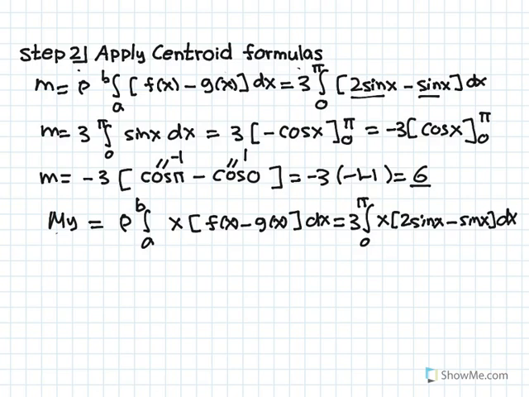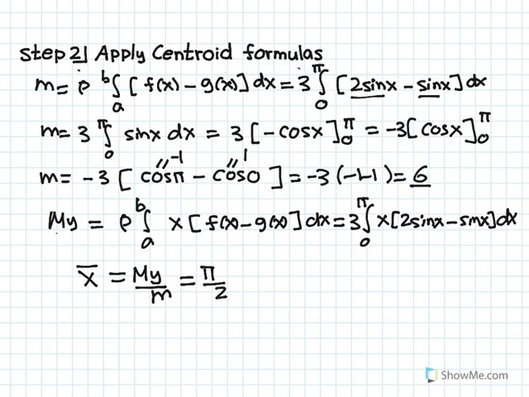So this gives us x times sine x. We can certainly integrate that using integration by parts, but actually no integration is required. We can see that x bar, the x-coordinate of the center of mass, which is the moment with respect to the y-axis divided by the mass, is simply pi over 2 due to symmetry.